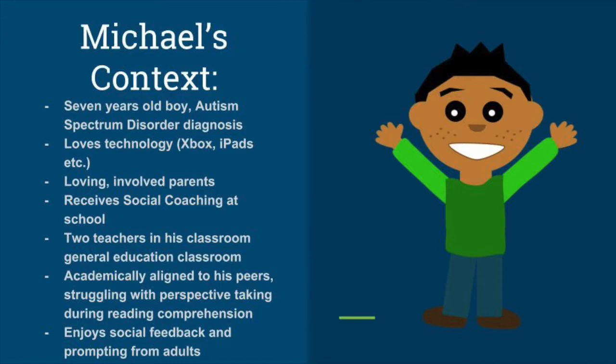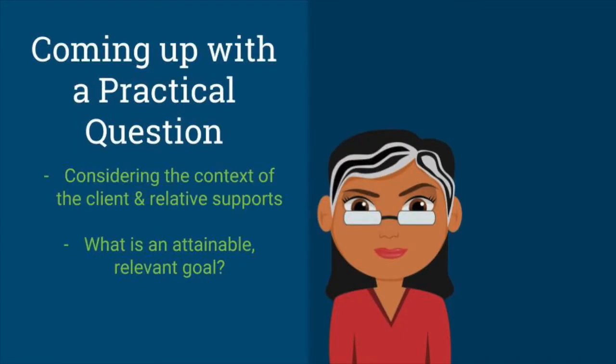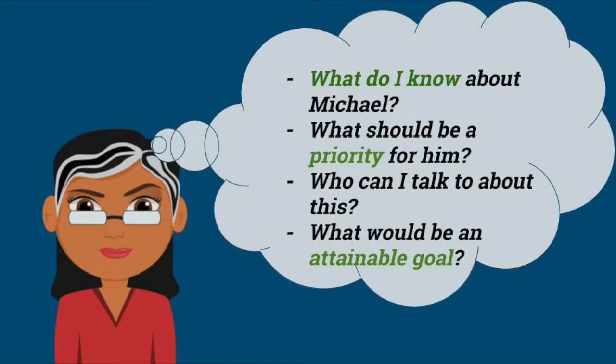Next, we need to consider the whole context of the client and devise a practical question that addresses an attainable goal. When it came to Michael, I had to truly consider what should be the biggest priority for him. This involved discussing my concerns with his parents, my co-teacher, and all other supporting staff that worked with him.